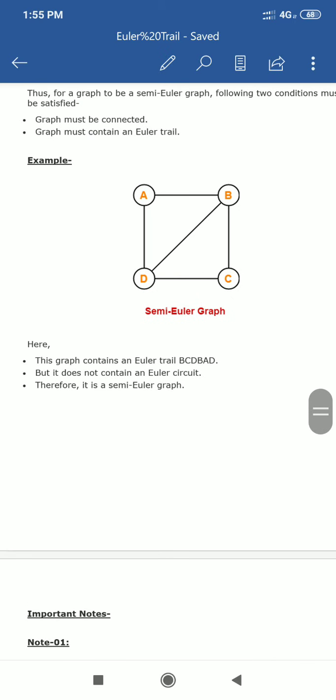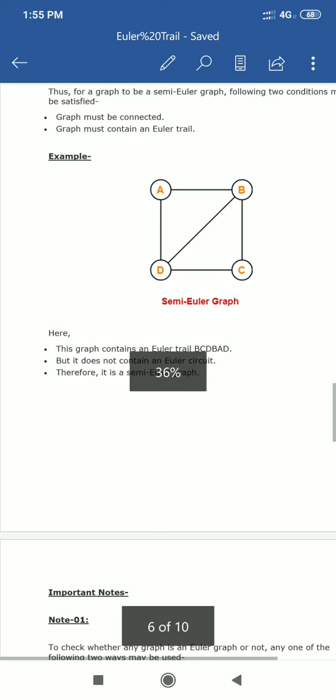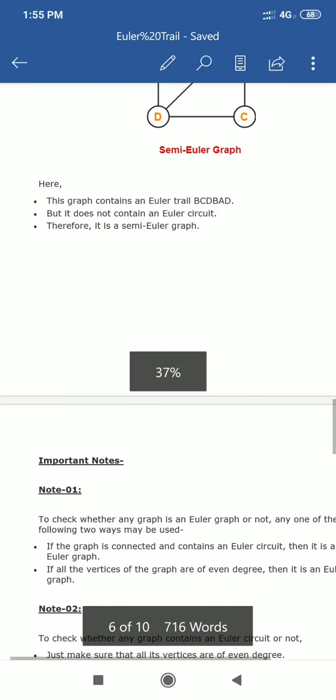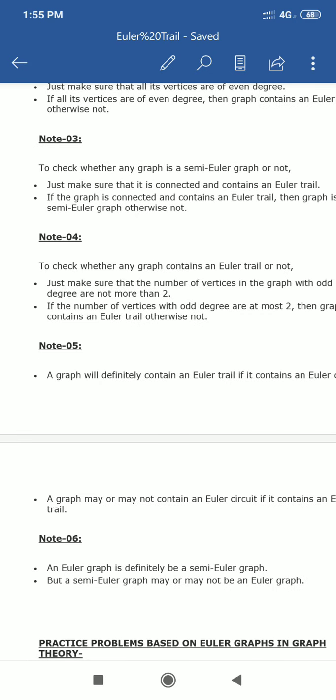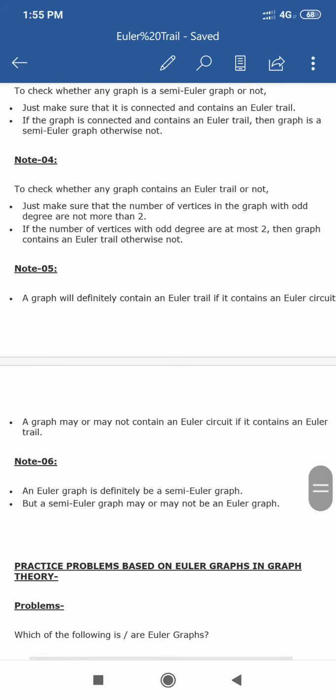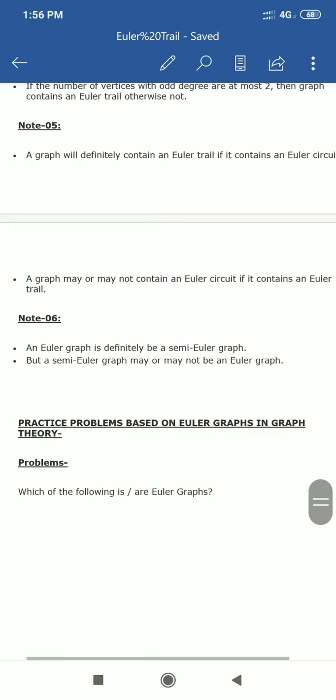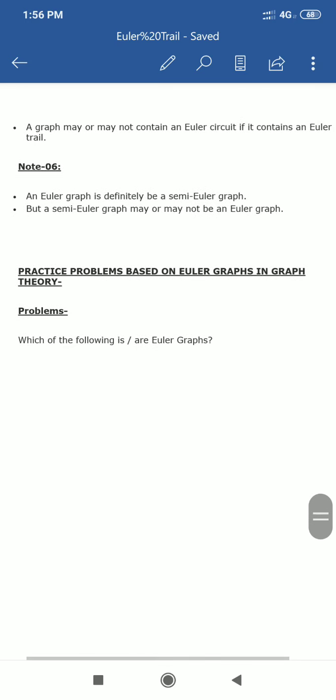You can see that 2 vertices are of odd degree, B and C. It is required because you have to start from one and end at the other, and cover all the edges. Another observation is that an Euler graph is definitely a semi-Euler graph as it contains an Euler trail, but a semi-Euler graph may or may not be an Euler graph.